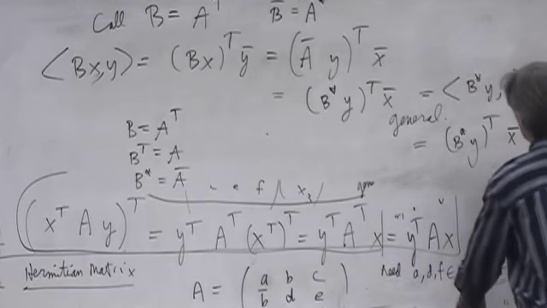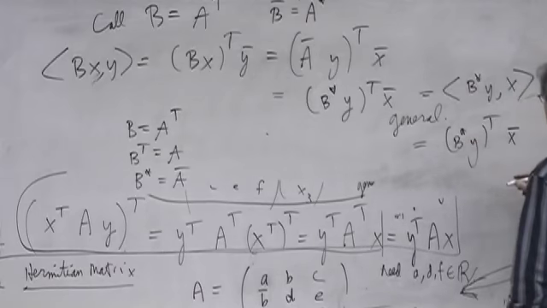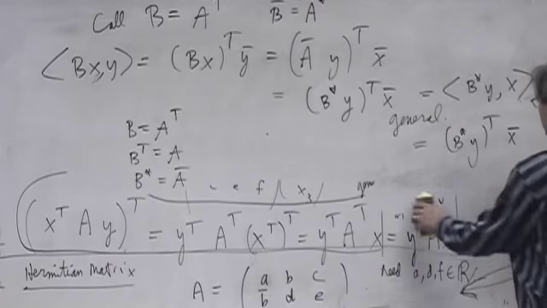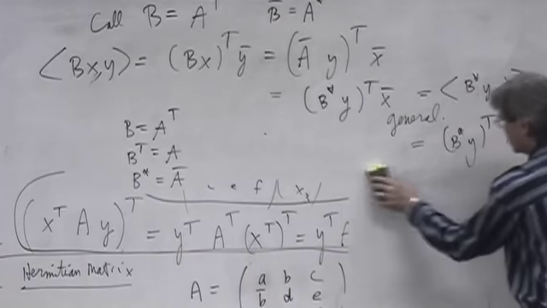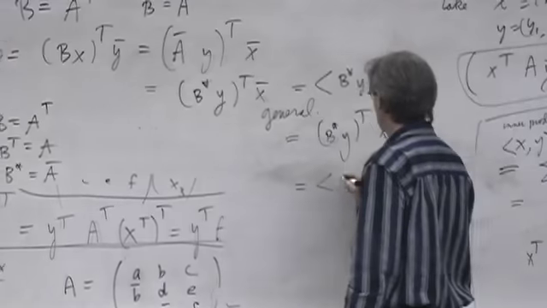So I want to conjugate that, and then conjugate it again. I think it comes out this X B star Y.